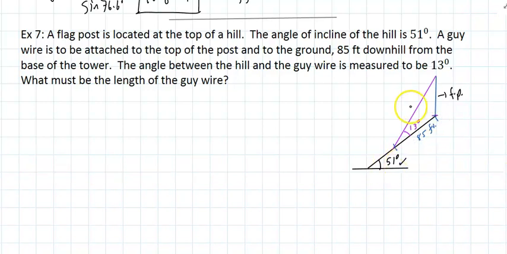A guy wire right there attached to the top of the post and to a point on the ground somewhere on the hill, 85 feet down the hill from the base of the actual tower. This is the base. And if the guy wire makes a 13 degree angle with the actual hill, what's x?